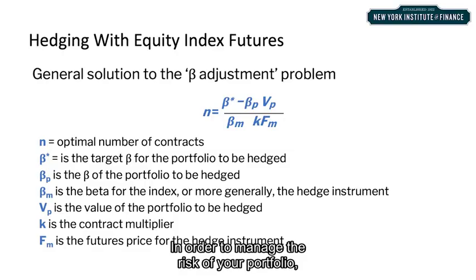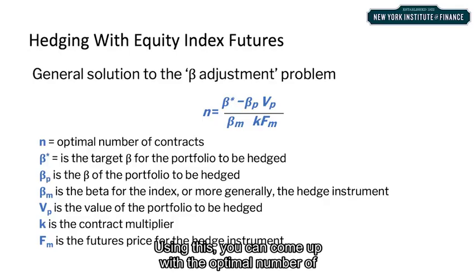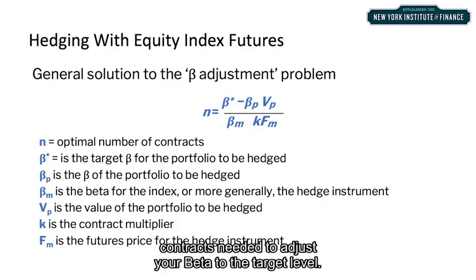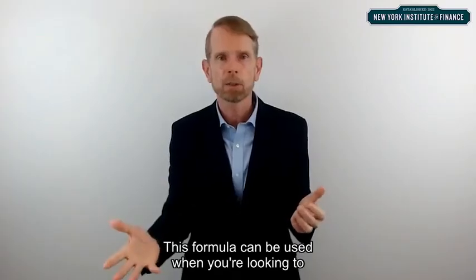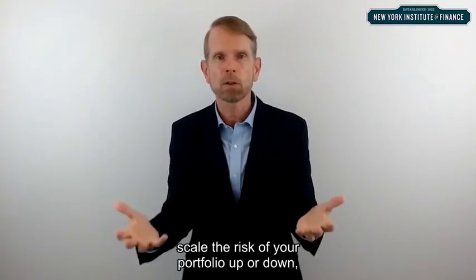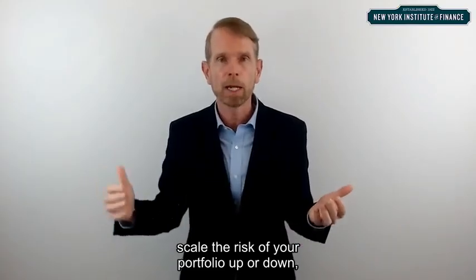In order to manage the risk of your portfolio, you need to know the beta of your current portfolio, the beta of the index futures contract that you're using to hedge, the value of the portfolio that's being hedged, the contract multiplier, and the current futures price. Using this, you can come up with the optimal number of contracts needed to adjust your beta to the target level. This formula can be used when you're looking to scale the risk of your portfolio up or down, depending on your market view.